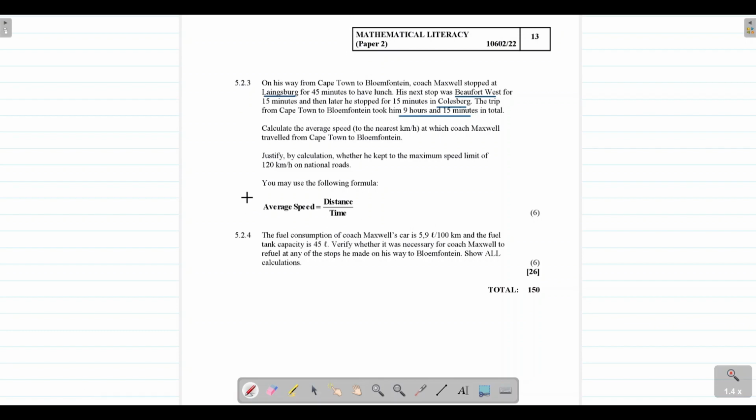However, what is the question asking us? It was asking us to calculate his average speed at which Coach Maxwell traveled from Cape Town to Bloemfontein. We already found what the average speed is. A second part of the question says to justify by calculation whether he kept to the maximum speed limit of 120 kilometers per hour on national roads.